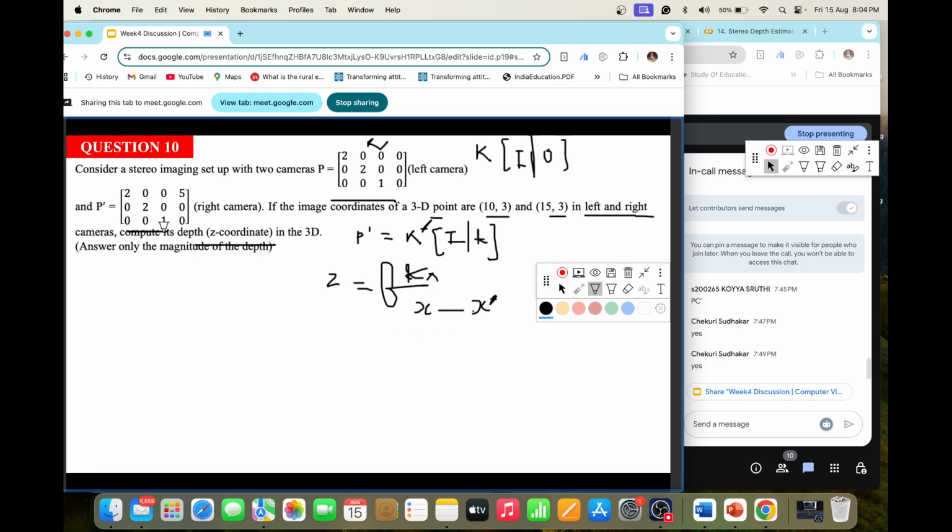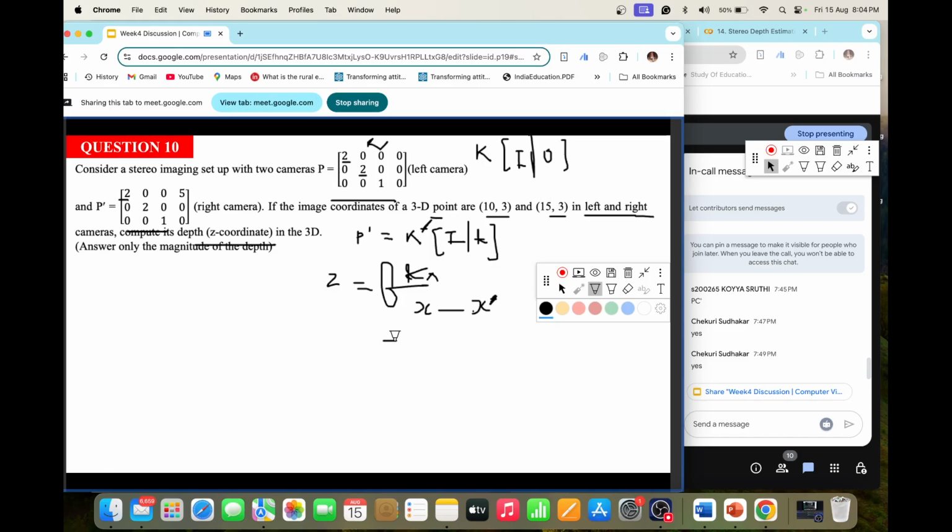So what is our f? F is nothing but 2. You can easily see f is 2, and what is our tx? Tx will be 5 by 2, because whenever you take K common. x is 10, x dash is 15.